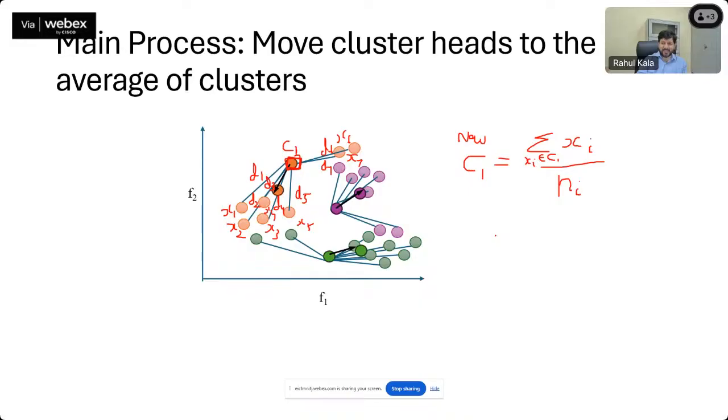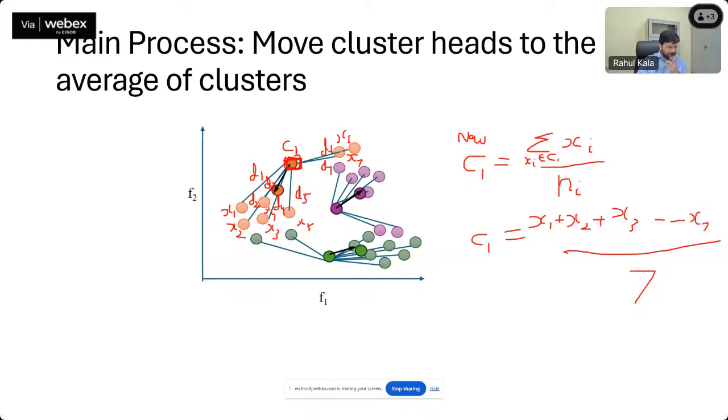So my new position will be x1 plus x2 plus x3, all the way up to x7, divided by 7. I'll place myself at the arithmetic mean of all these.